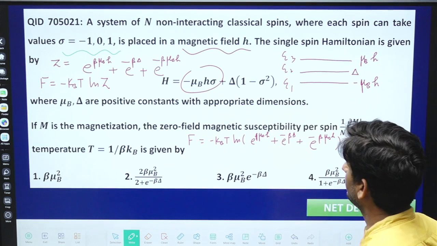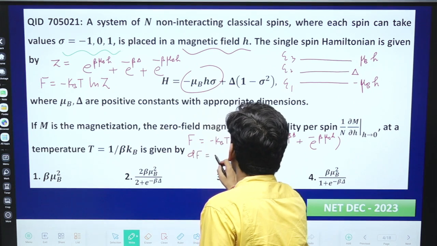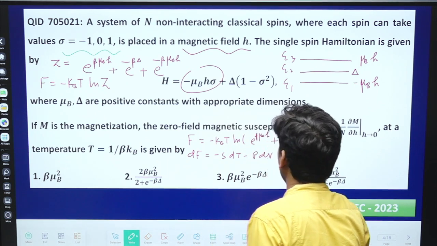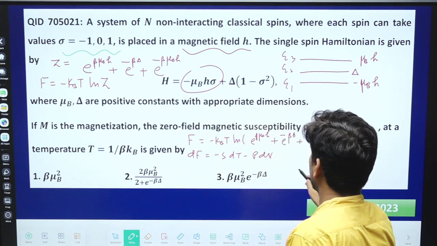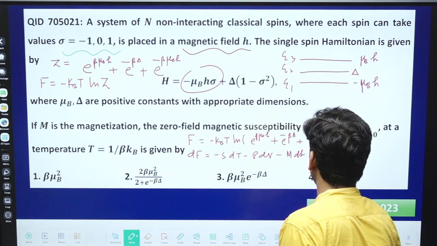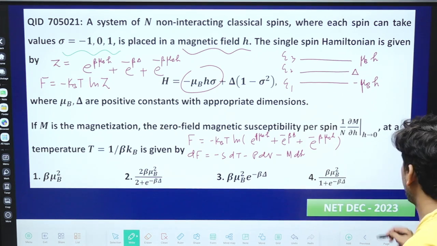From free energy, we know that dF is minus S dT minus P dV minus M dH, where H is the magnetic field intensity. So what is the value of the magnetization, capital M?